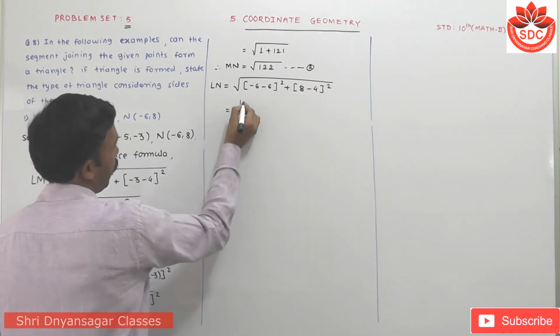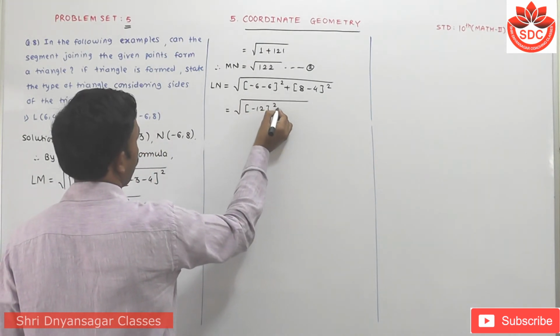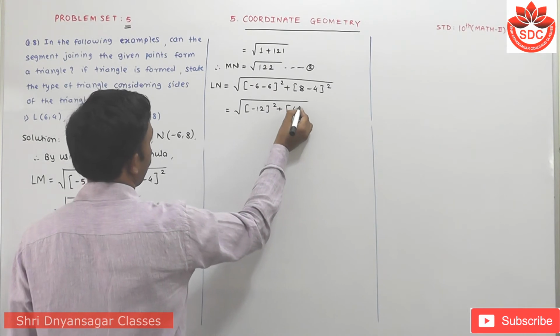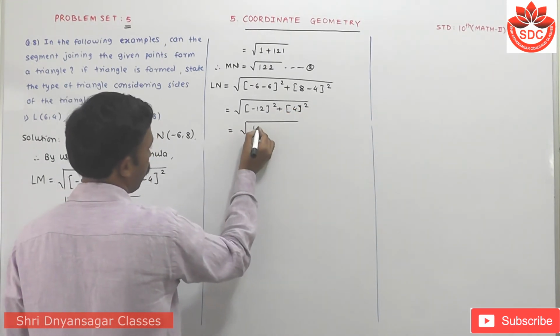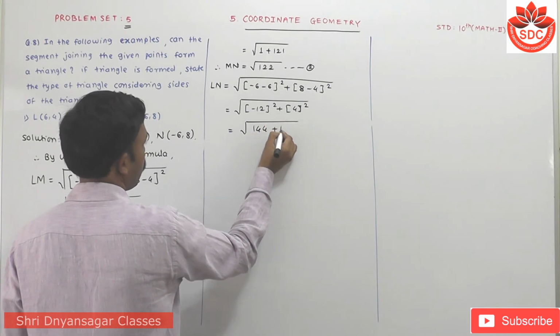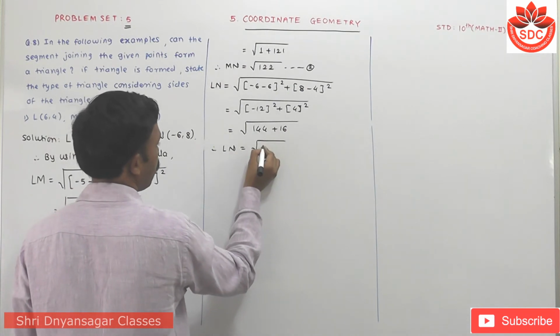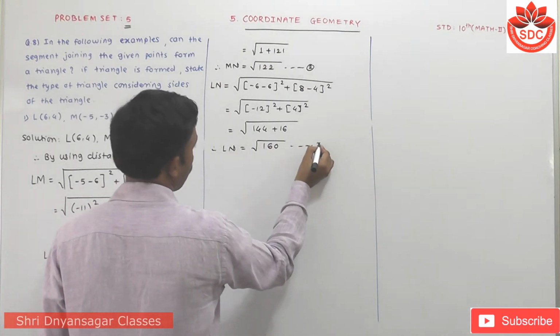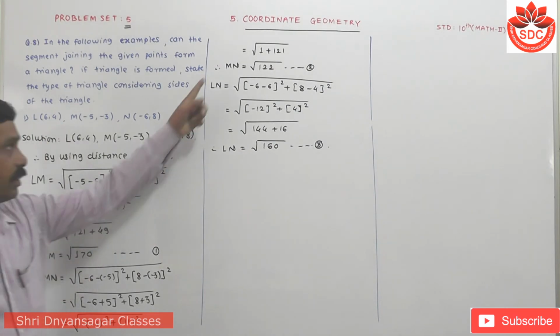Student, when we add, it becomes minus 12 squared plus 4 squared. Minus 12 squared is 144 plus 4 squared is 16. Therefore LN equals root of the sum, 160. Equation three. When we observe carefully, root of 170 is greater than these two.